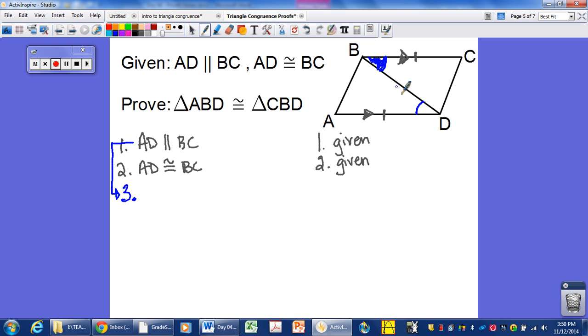Alternate exterior angles are congruent, corresponding angles are congruent, and the like. But in this case, we don't have any of those other ones. We have alternate interior angles.